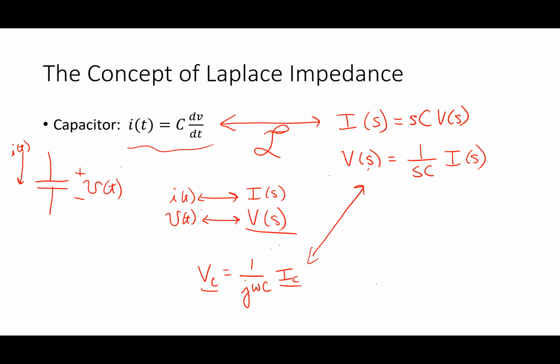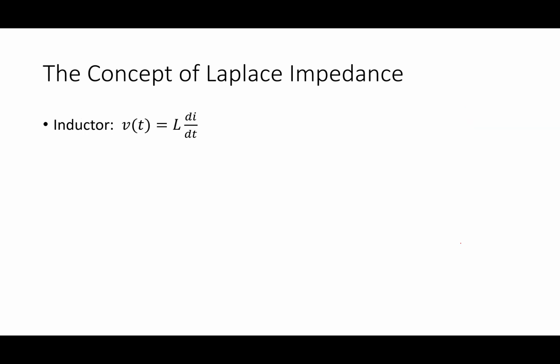What we're going to learn here is that for any function, we can use the Laplace transform and have this idea of a Laplace impedance. So the Laplace impedance of a capacitor is 1 over SC, and if we have a special input that is a sine wave, we use S equal to J omega.